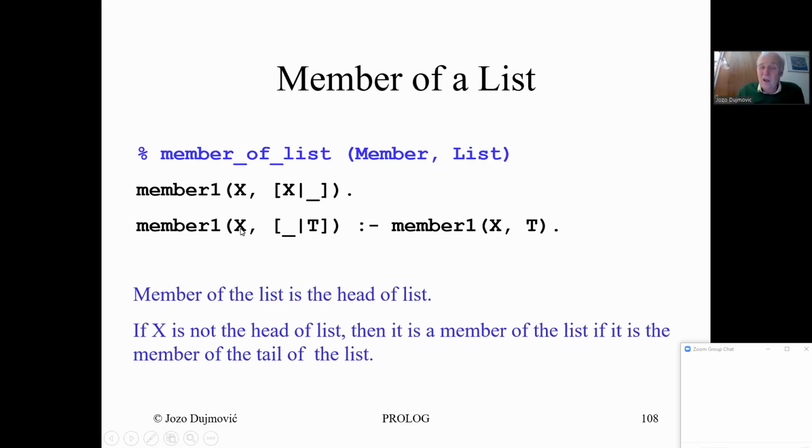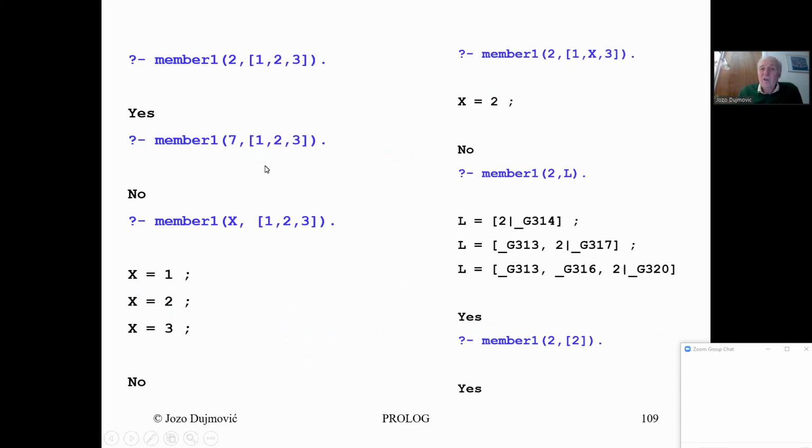So I'm looking whether X is somewhere inside the tail. It is a member if it is a member of the tail. And that's all you have to do. So these are two lines that solve this problem. And this is elegant, readable and understandable. And you can play with that.